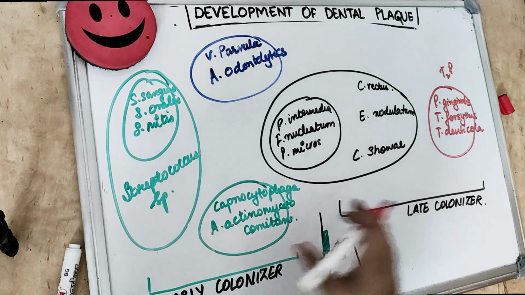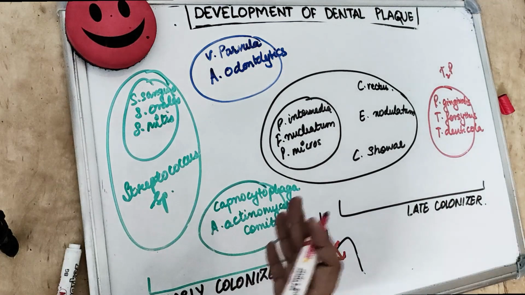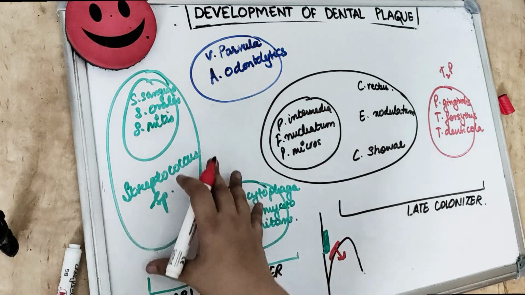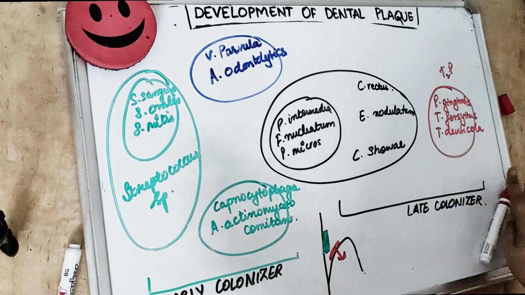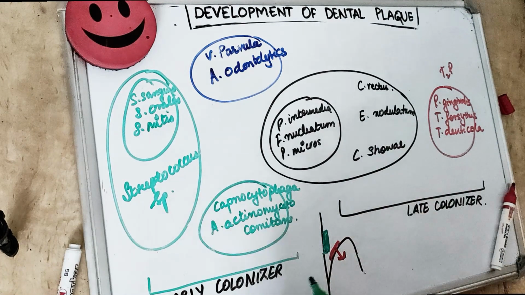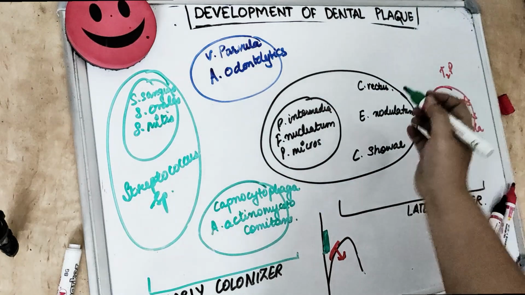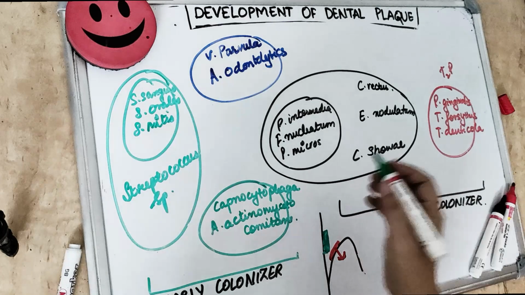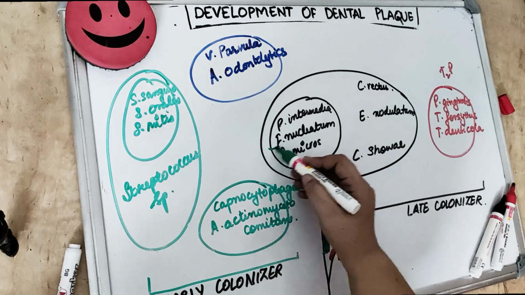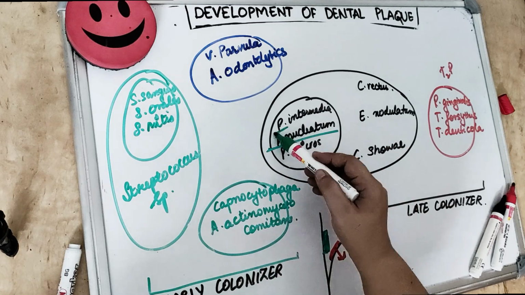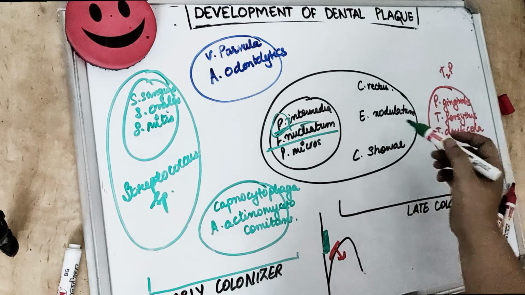So the later bacteria which come are the gram-negative anaerobic, and the first bacteria which come are the gram-positive aerobic bacteria. Now this FCP complex, fruit, palak and cabbage, these are gram-negative and are responsible for the deep pockets. The fruit and palak are F. nucleatum and P. intermedia, Prevotella basically, and C for cabbage is C. rectus.